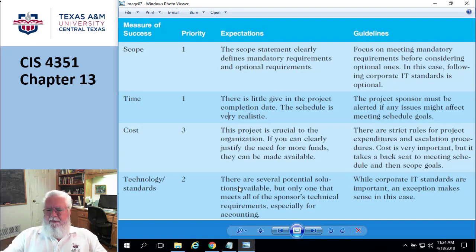I can't really tell. But anyway, the bottom line is adhering to the corporate IT standards is, in this person's mind, more important than how much it costs. So keeping it within the scope, keeping it within the time schedule, meeting all the corporate IT standards, and then cost. So cost is clearly not the first importance here.